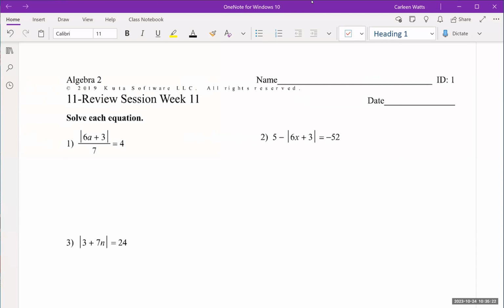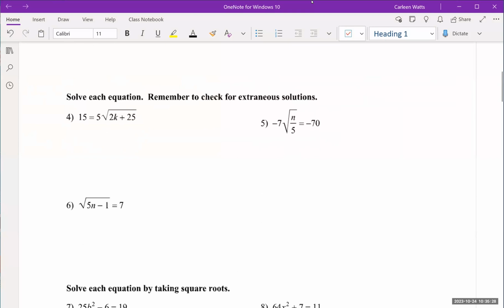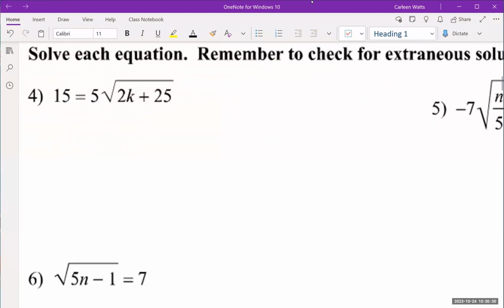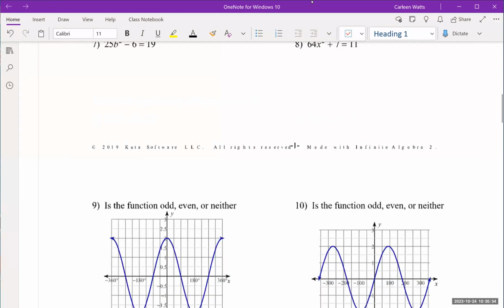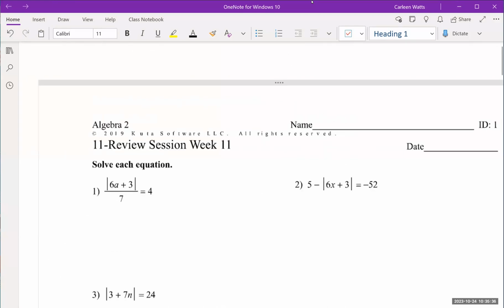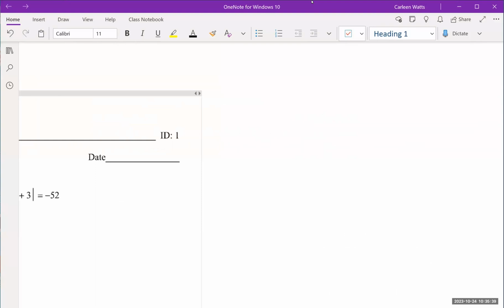We are going to talk about absolute value. We're going to graph them later, but we're also going to solve them. Square root functions and quadratics. So let's talk about the parent functions.